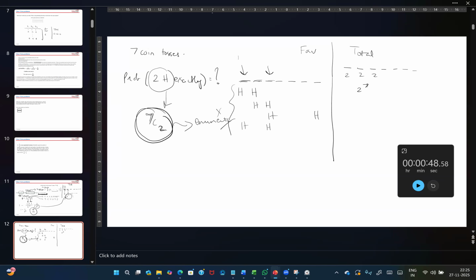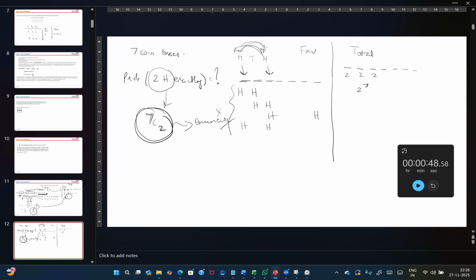So HTH, even if I were to flip it, is the same thing. If these were different items, then it would be permutations. Here it is not, because HTH is the same as HTH even if I flip this and this.